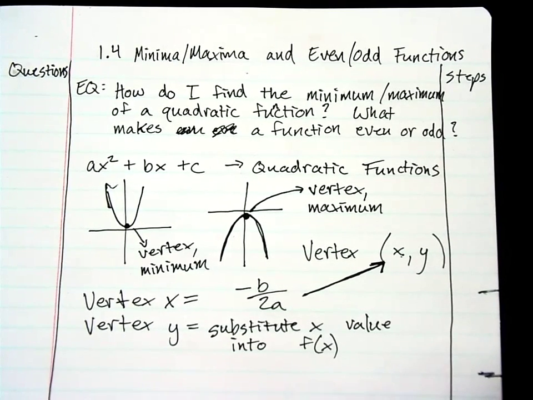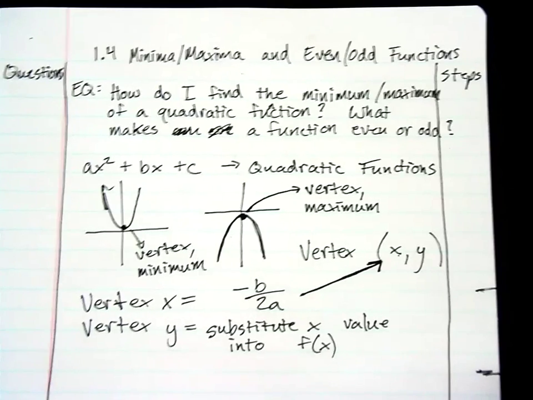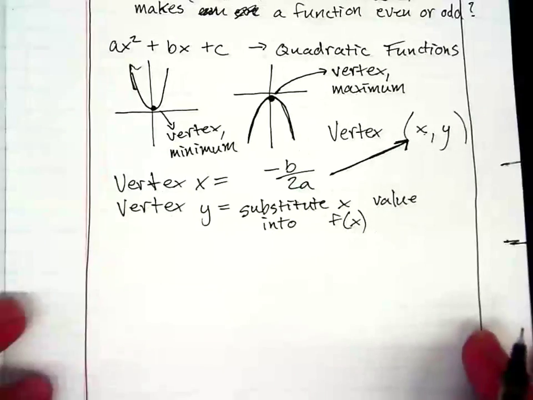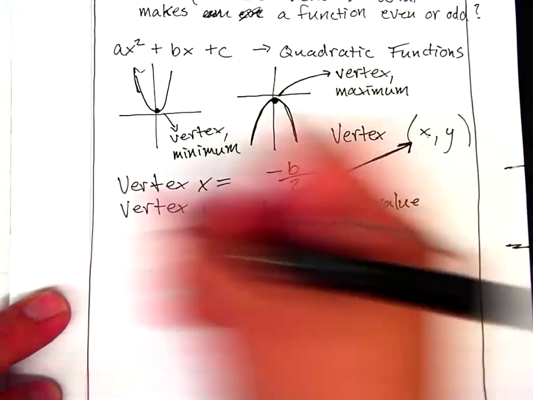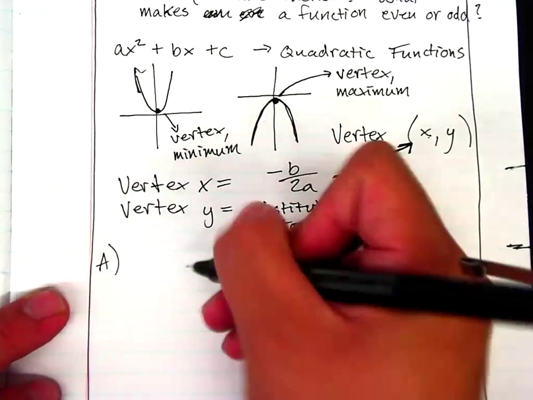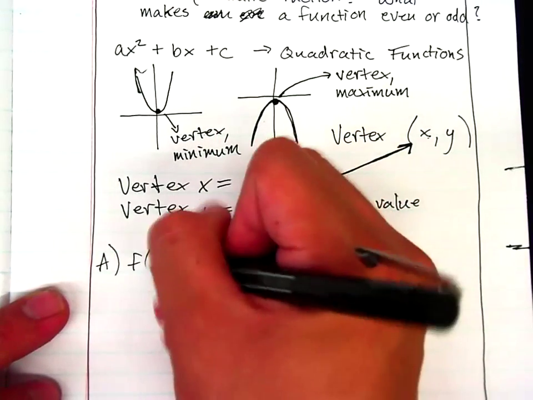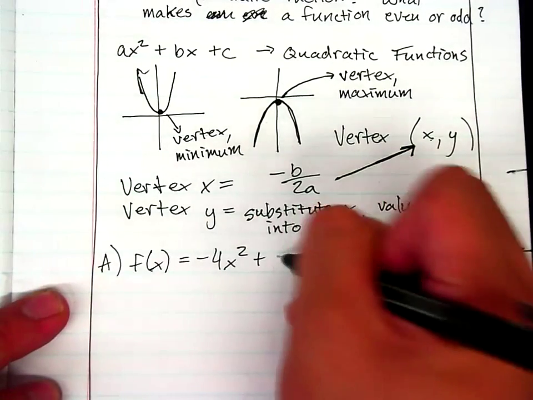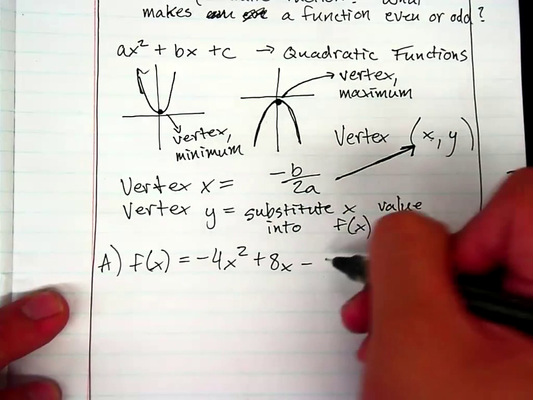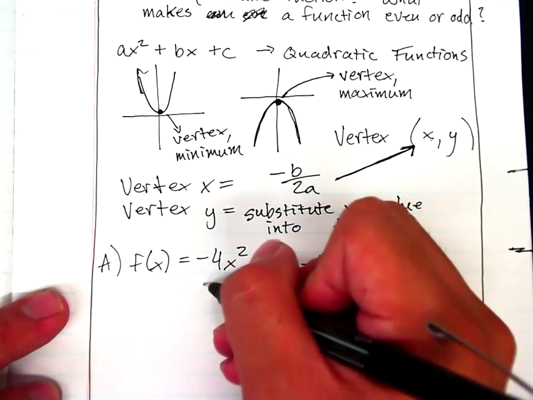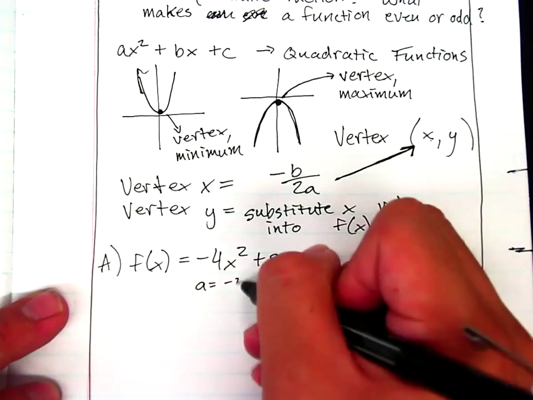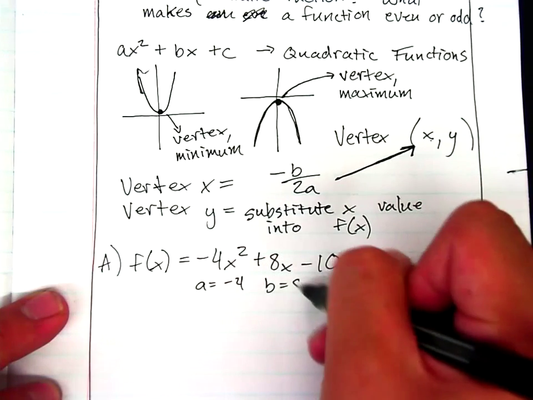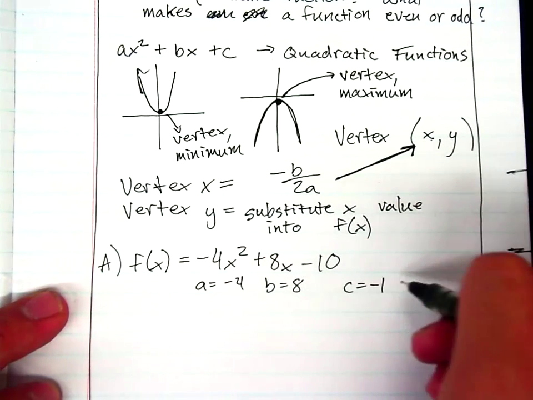Okay? So we're going to do one example with a quadratic function. Example A: we have f of x equals negative 4x squared plus 8x minus 10. Now recall we do label these. A is negative 4, b is 8, and c is negative 10.